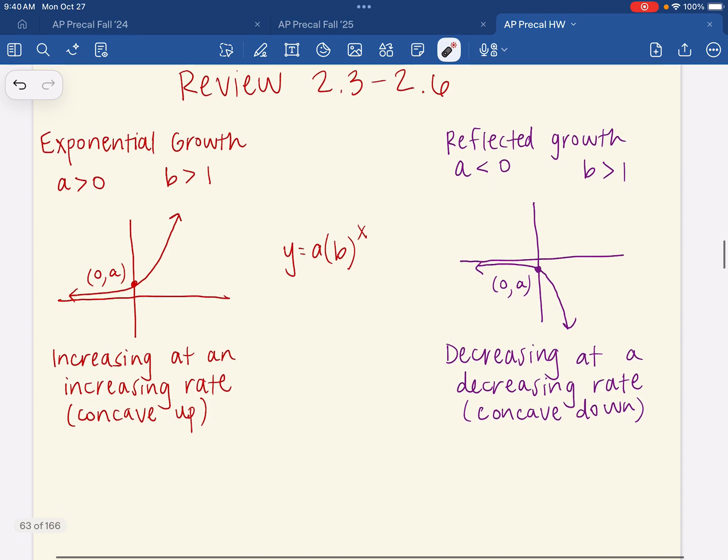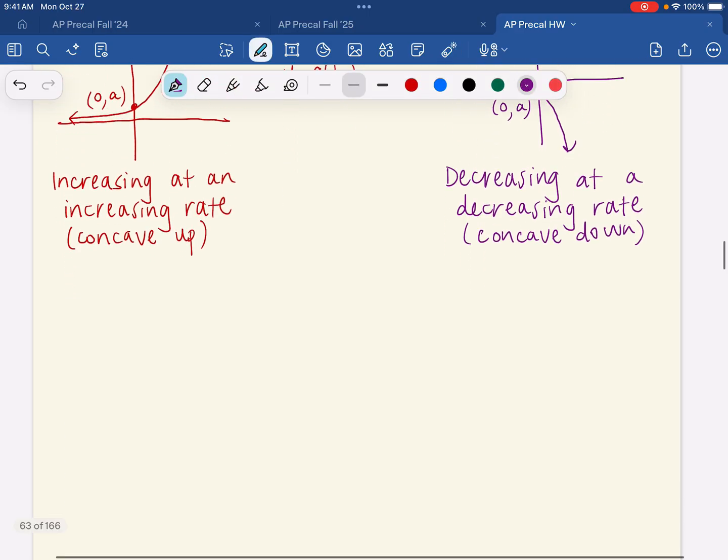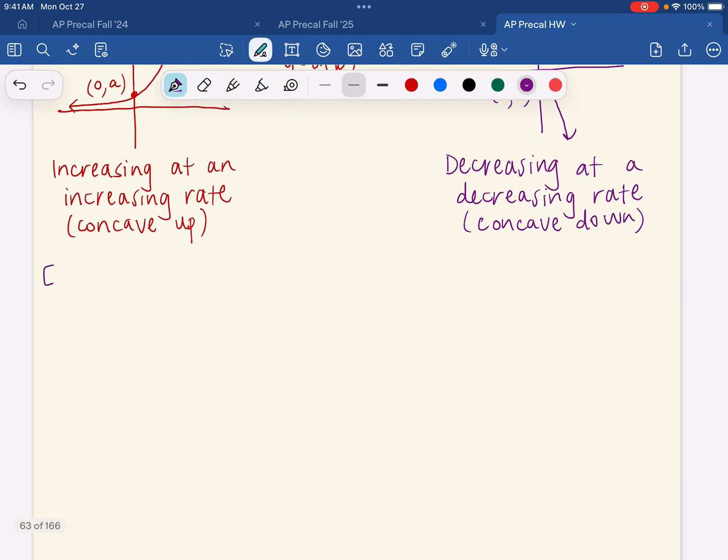Okay, so now let's do the same thing for exponential decay. For exponential decay, let's start with a positive y-intercept, so no reflection.